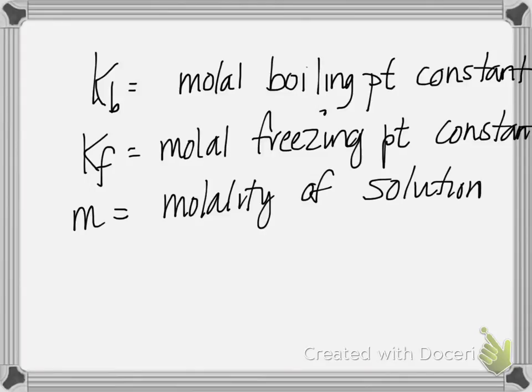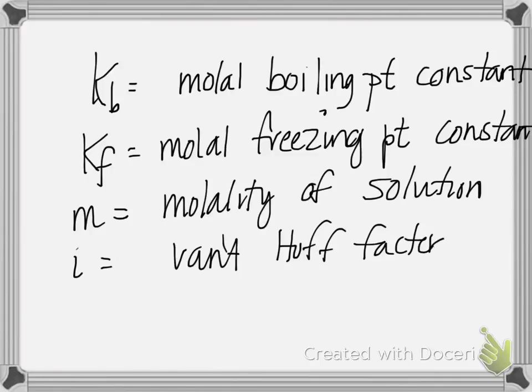And i is something called the Van't Hoff factor, which is a fancy way of saying number of particles. So a while ago we figured out the number of particles, and we throw that in the equation. Okay? You will be given any KBs or KFs you need. You do not have to memorize those. That would be just mean.